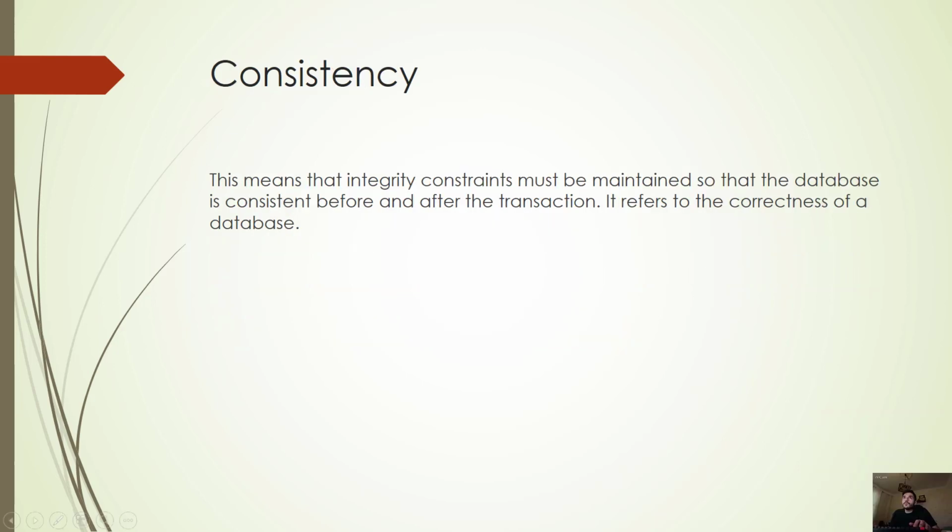The next one would be consistency. This means that the integrity constraints must be maintained so that the database is consistent before and after the transaction. It refers to the correctness of a database.